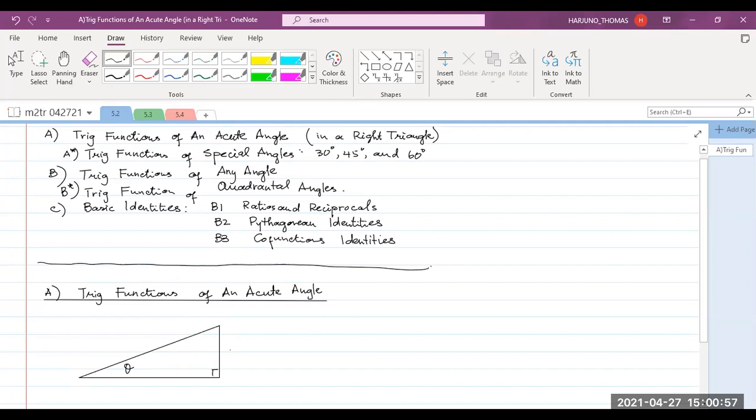Okay, let's call this the opposite of angle theta. That's why you call it the opposite. And then this side here is the adjacent. And this is the hypotenuse.